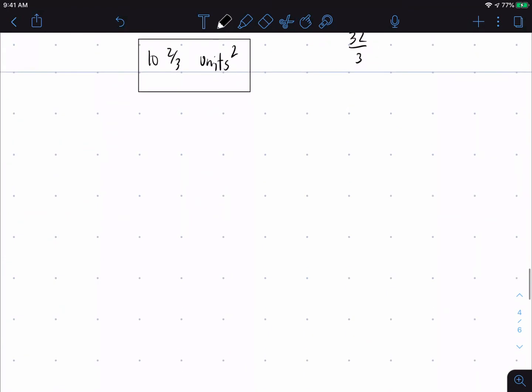Here's the next problem. So y is equal to x cubed and y is equal to x. So why don't you guys try that one?